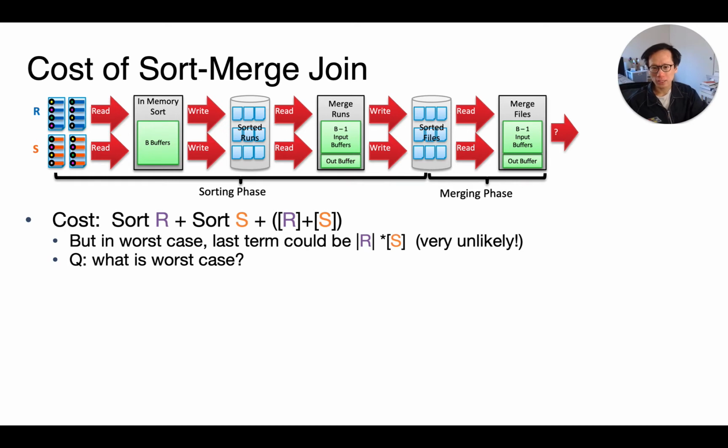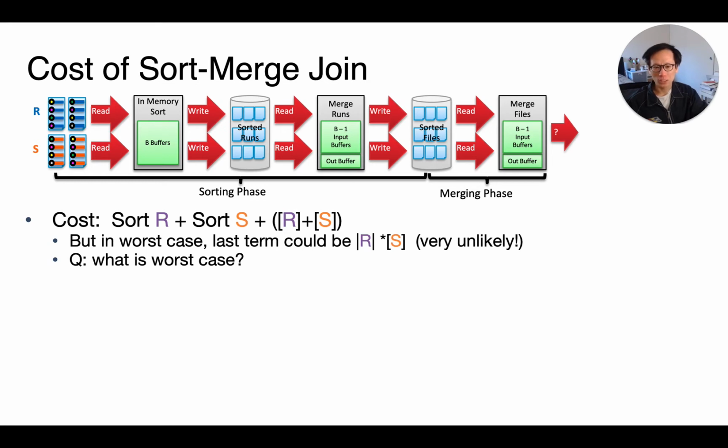So in that case, it degenerates into a nested loop join with cost of |R| times |S|, which is actually lower than the cost of the sort merge join. But that's extremely unlikely, and it's the kind of thing that a good optimizer would keep an eye out for and avoid.